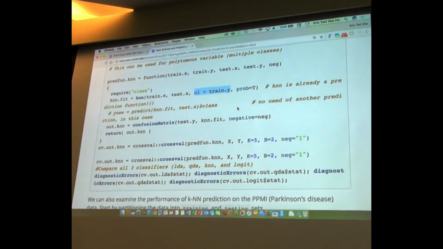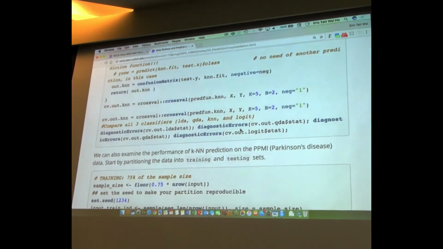Maybe not, I need to think about it a little bit. But in this case, because we didn't specify, I think it just accepts how many levels there are in the training set as the number of classes that it wants to bin people into.